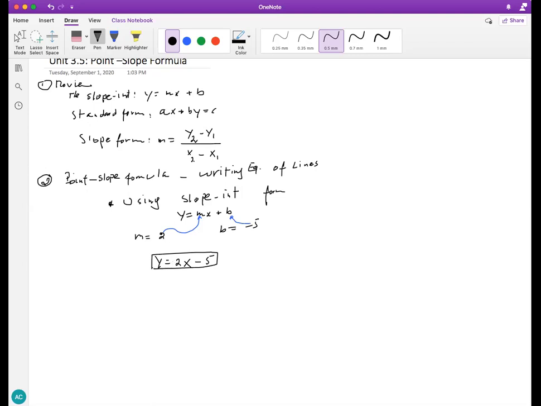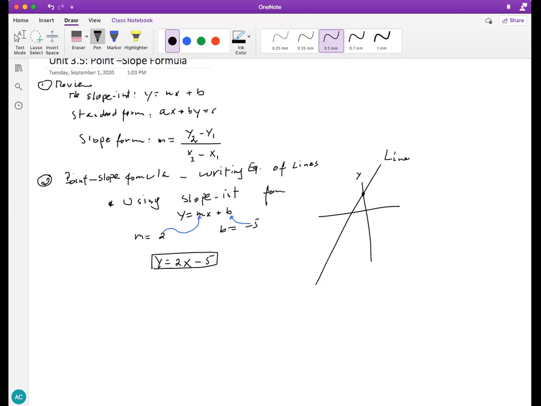But sometimes we don't have b, we just have m. And b is the y-intercept again. As we said last time, for example, if this is our line, the y-intercept is where the y-axis, the vertical axis here, meets the line.